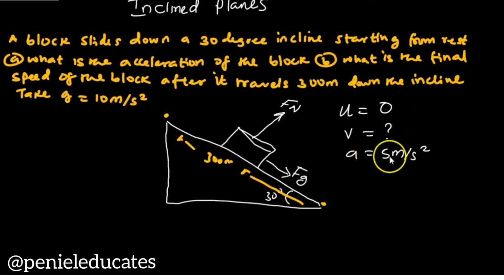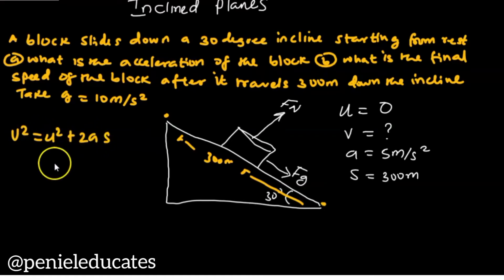Okay, so we are given the distance of 300 meters. If you look at the formula we're going to use, it will be v squared equals u squared plus 2as, which is in our laws of motion. This one is 0 squared plus 2, multiplied by our 5, then multiplied by 300 meters. So if you do that, your v squared will be 3000.